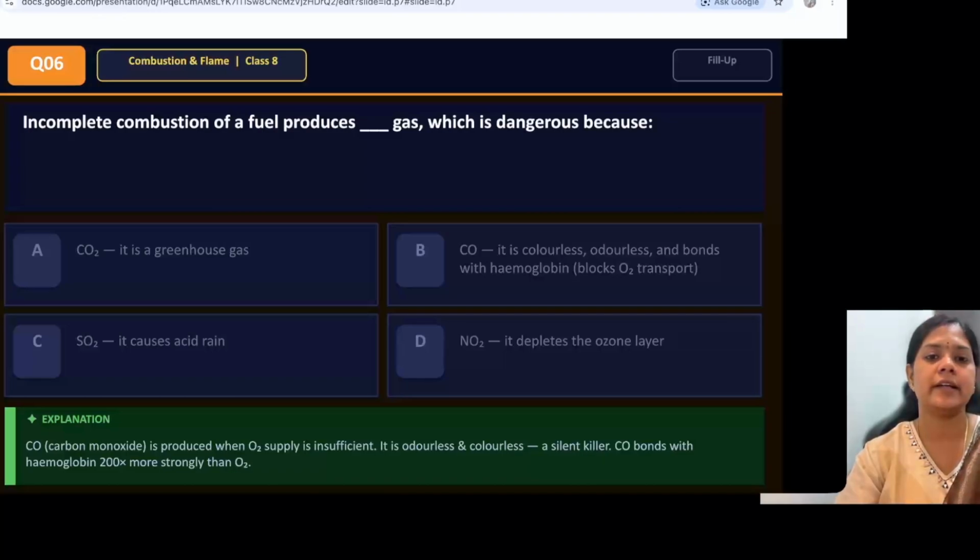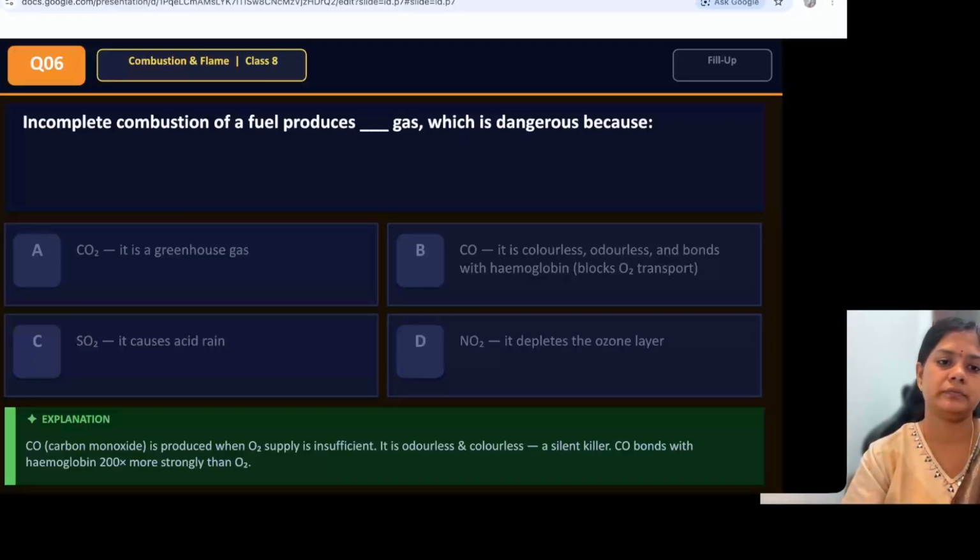Carbon monoxide is produced when the oxygen supply is insufficient, and it is called a silent killer. Carbon monoxide bonds with hemoglobin 200 times more strongly than oxygen.